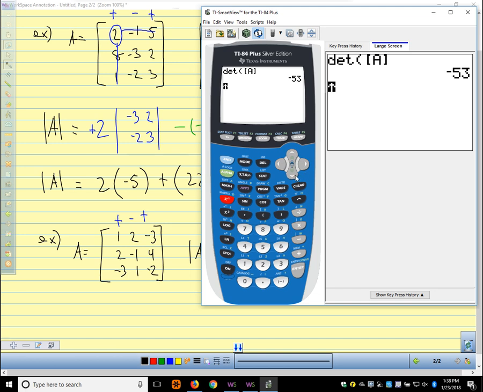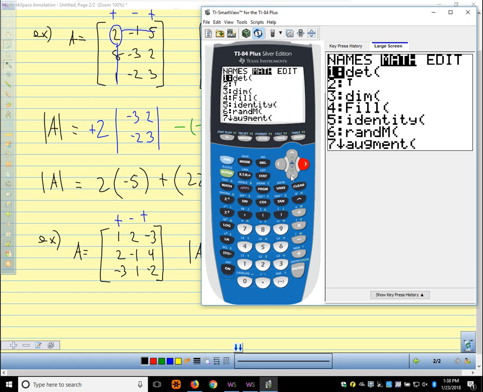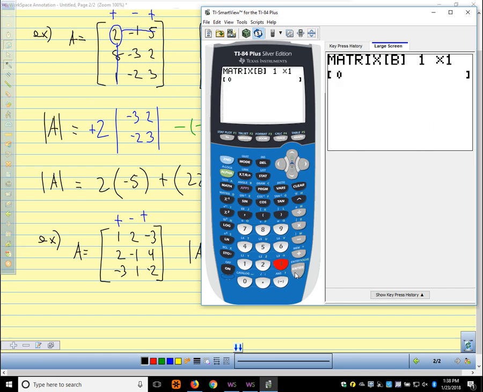Second matrix, I'll make this matrix B. Whoops. I need to edit matrix B. All right, so we're going to make it a 3x3. Your calculator can do 3x3, 4x4, 5x5, 10x10. You just have to put all the numbers in.